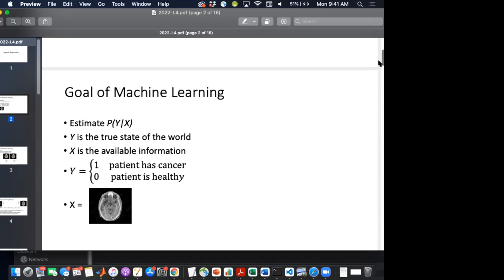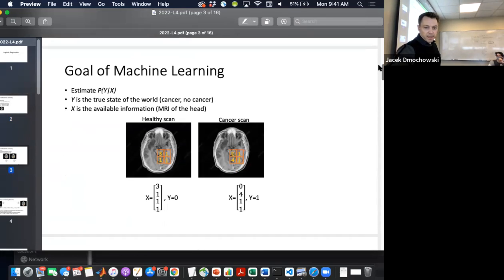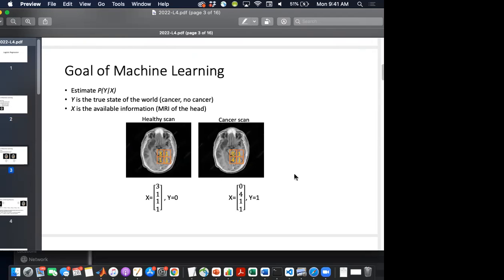We can take it to be 2-dimensional for the sake of this example, and we can break it up into pixels. For example, if our brain scan only had 4 pixels, which it won't, the intensity of every pixel would be one of the features.